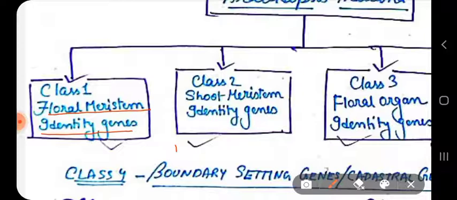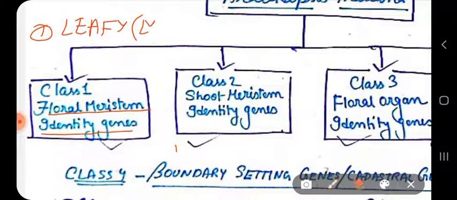And what are those 3 floral meristem identity genes? I will write them one by one. Number 1, leafy. We say them as leafy, L-E-A-F-Y, in capital letters, in short we write L-F-Y.